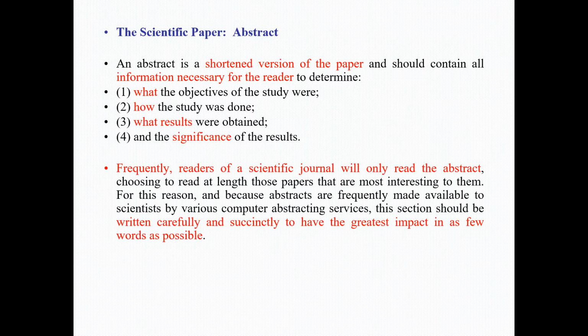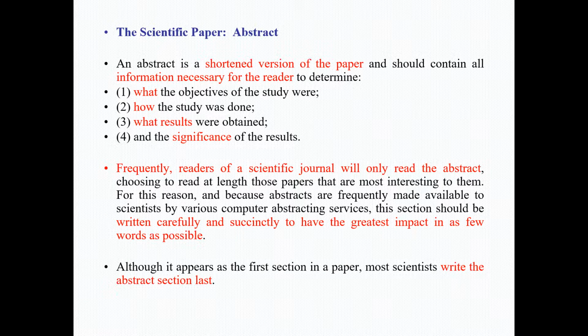Frequently, readers of scientific journals will only read the abstract, choosing to read at length those papers that are most interesting to them. For these reasons, and because abstracts are frequently made available to scientists by various computer abstracting services, this section should be written carefully and succinctly to have the greatest impact, in as few words as possible.